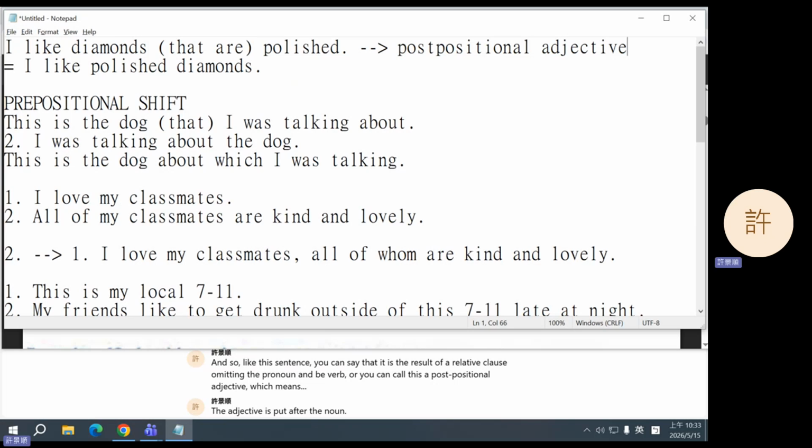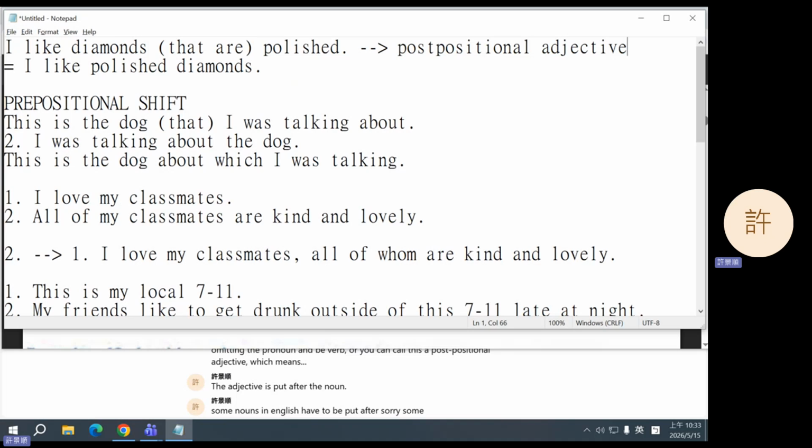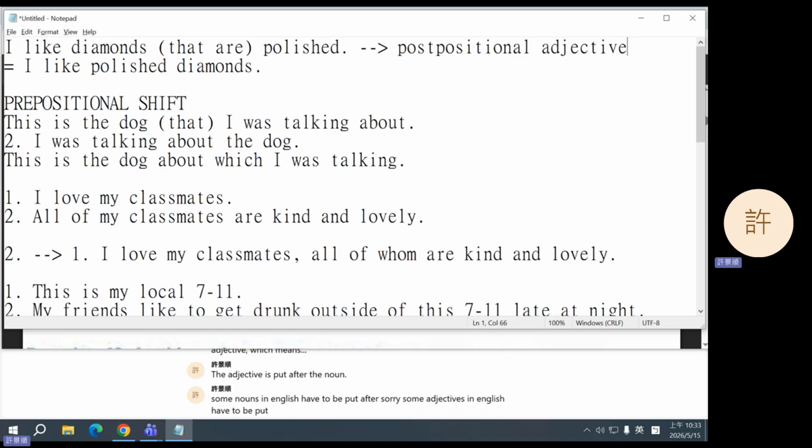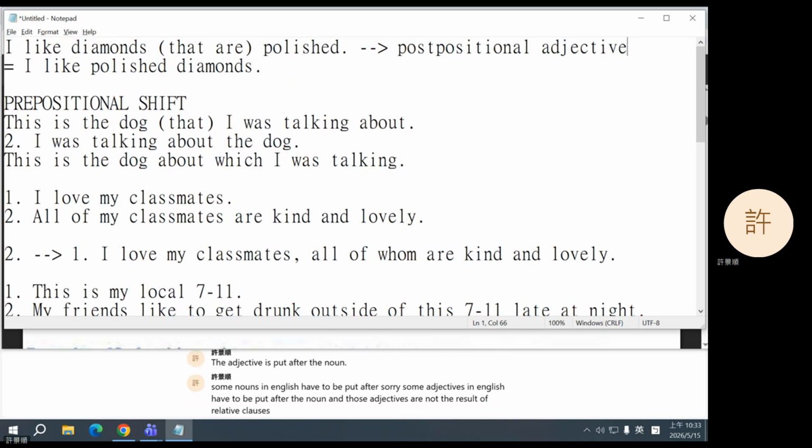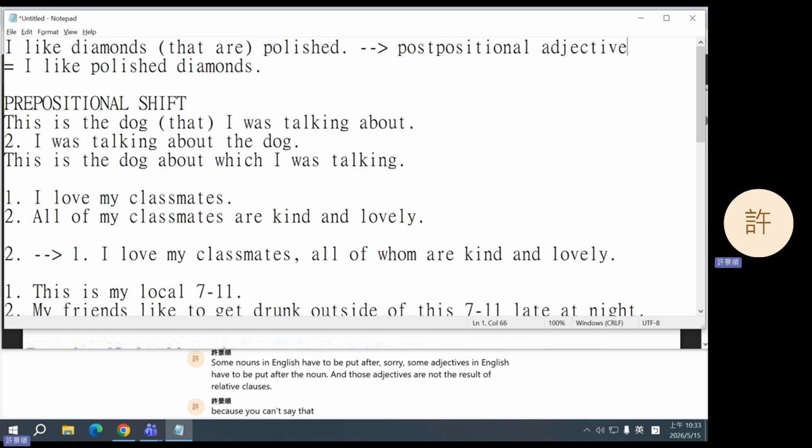Some adjectives in English have to be put after the noun. And those adjectives are not the result of relative clauses. Because you can't say that are blank, because that position is not after the noun.